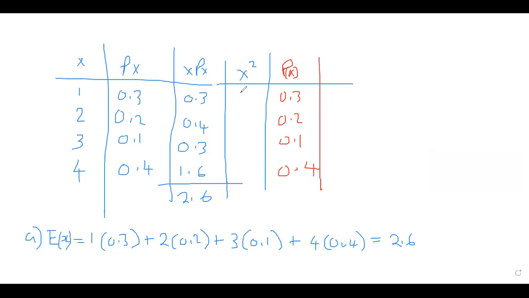When we square these figures here, we have 1, 4, 9, and 16. So apply these two columns. We're going to have 0.3 here, 0.8 here. And when we apply these two, what do we get? 6.4. So the total here is the value of the expected.